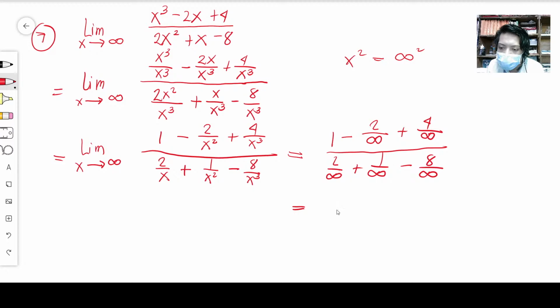Any number divided by infinity is almost equal to 0. So this is 0 plus 0 over 0 plus 0 minus 0.